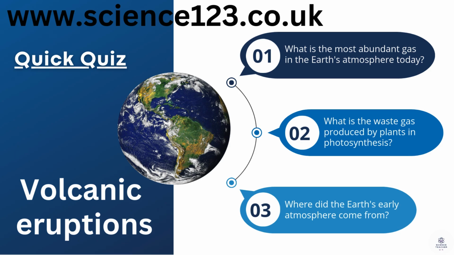Ideas about how the atmosphere was produced and has changed have developed over time, as new evidence has been discovered. There is still not enough evidence for scientists to be certain, but one theory suggests that the early atmosphere came from intense volcanic activity which released gases that made the early atmosphere very similar to the atmospheres of Mars and Venus today.